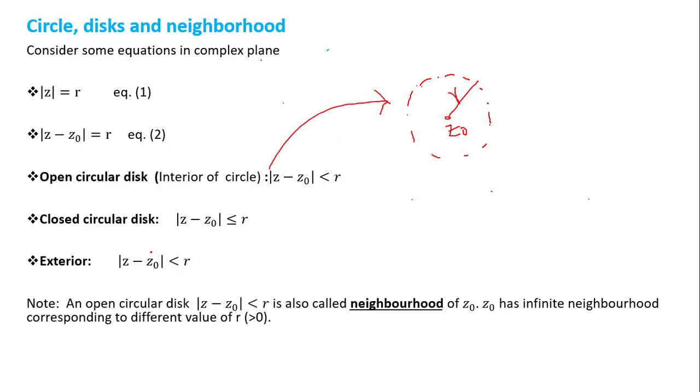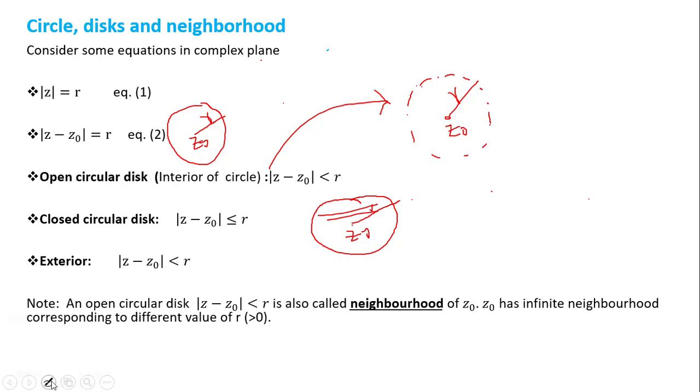Closed circular disk. This was a circle only. Okay, this is z naught and this is r. And closed disk means this is z naught and this is r, and this part is also included, including boundaries, but here only this part is included, excluding boundaries.